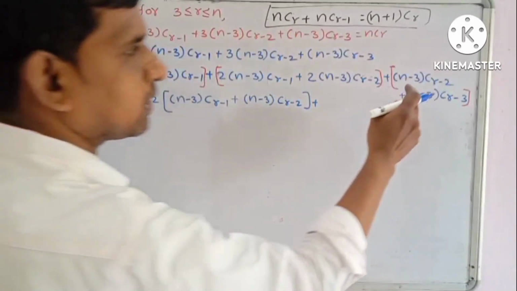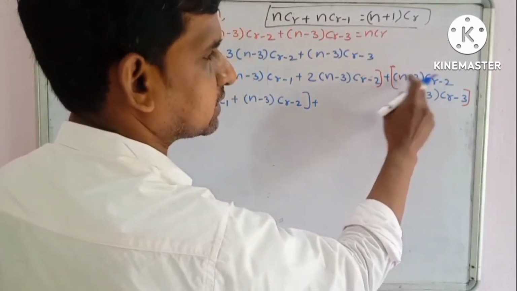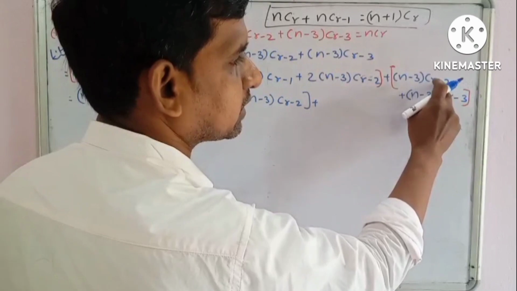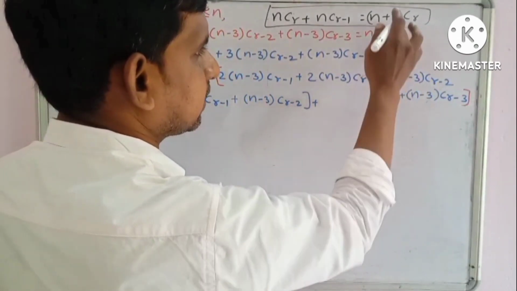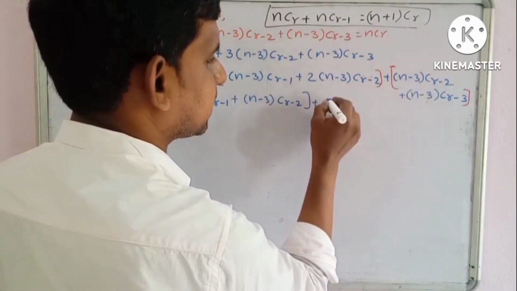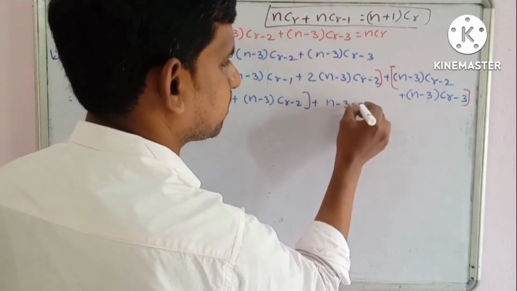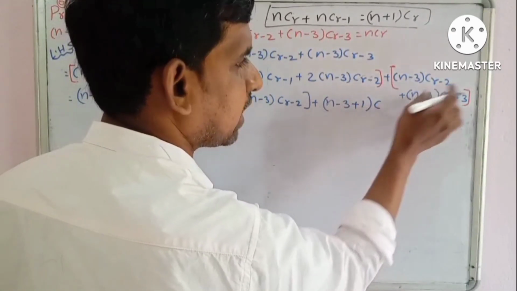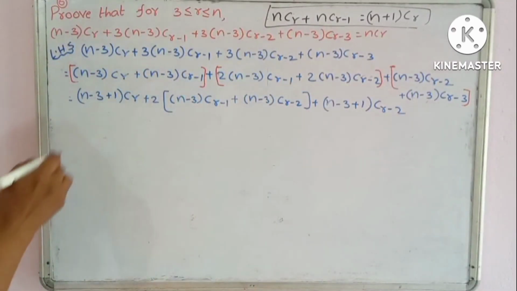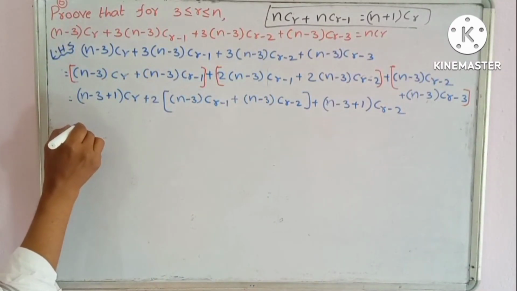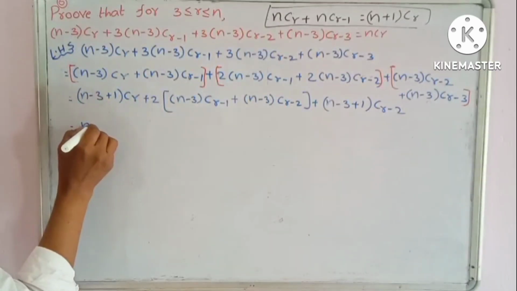And nCr plus nC(r minus 1), r minus 2 minus 1 is r minus 3. So same concept, (n plus 1)Cr. Here n is n minus 3, (n plus 1)C(r minus 2). Next, n minus 3 plus 2 is minus 2.